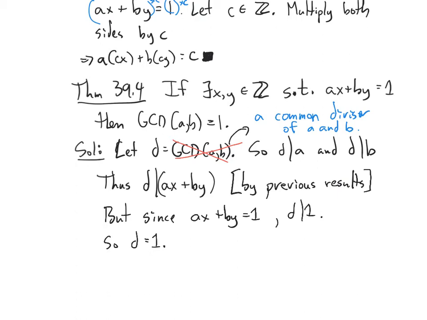So if the common divisor has to be 1, then we know that D has to be the greatest common divisor because we found that the common divisor had to be 1. So it's the only number that makes sense. It is the greatest common divisor. All right. So we're finished with that result.